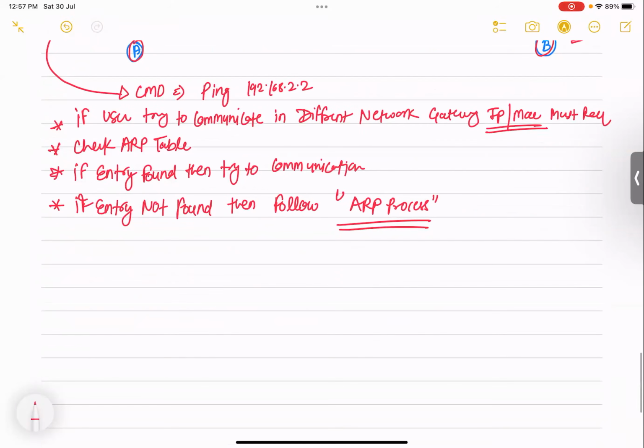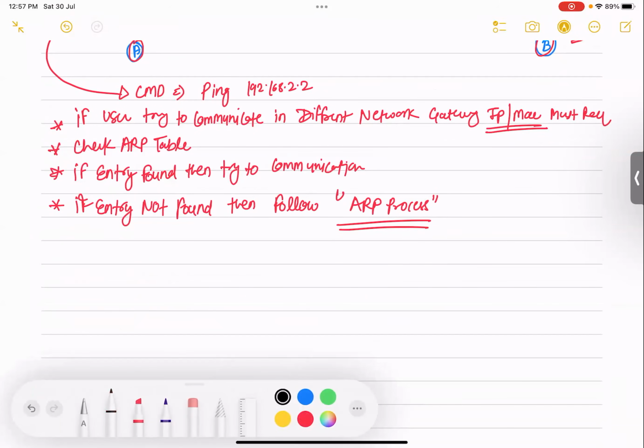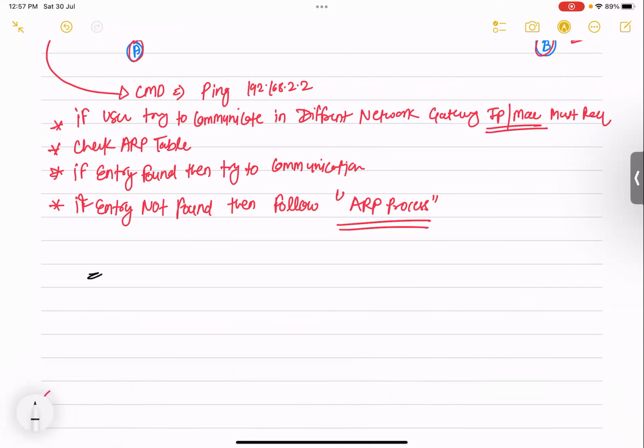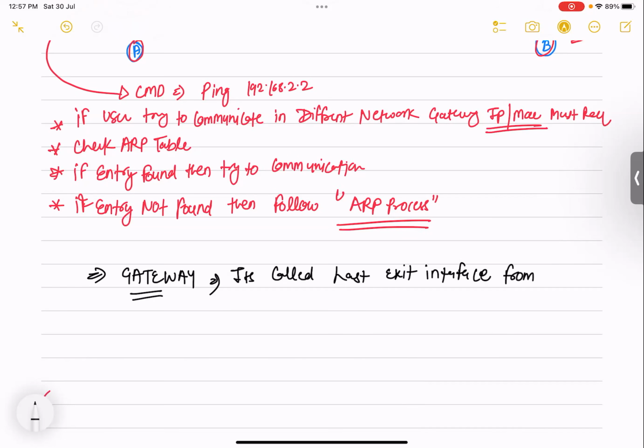If someone asks, what is the meaning of gateway, why do we call it a gateway? It is the exit interface, the last exit interface from the network. We can assign this interface some IP and some MAC.